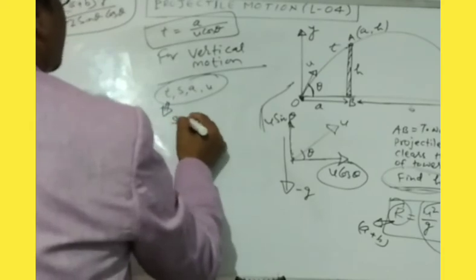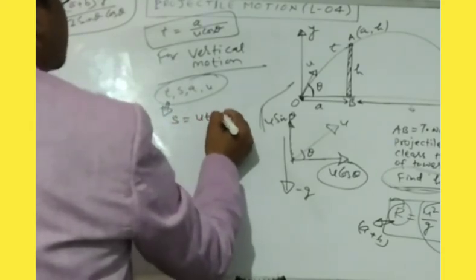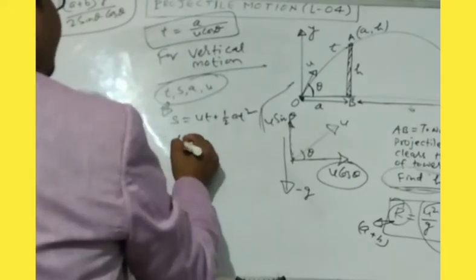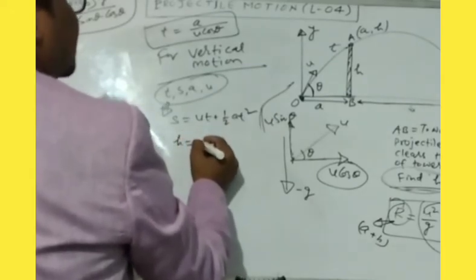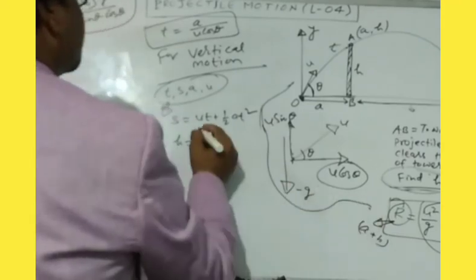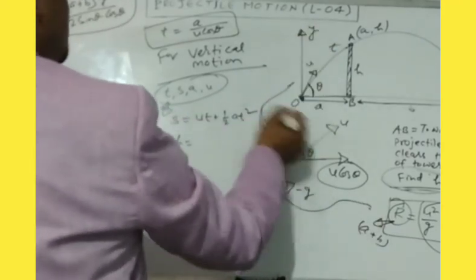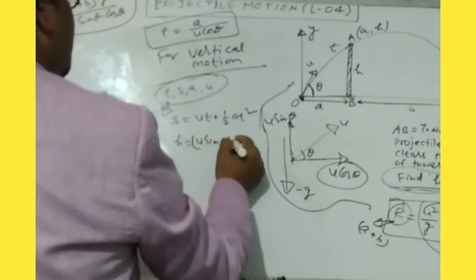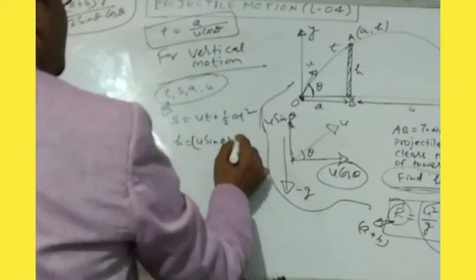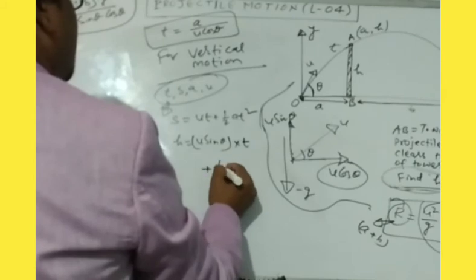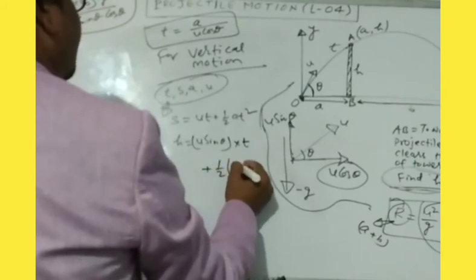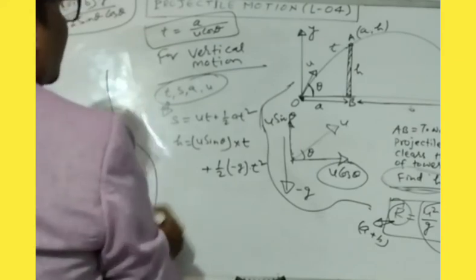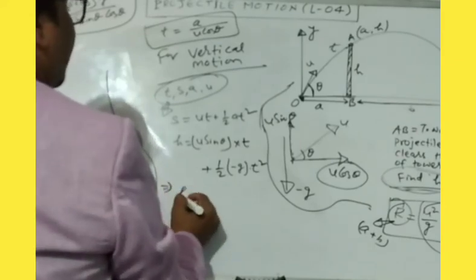With the help of these, what will you find? Definitely s equal to ut plus half a t square, where s means h here, u means u sin theta, so u sin theta into t plus half, a means minus g, into t square. So finally what will you get?